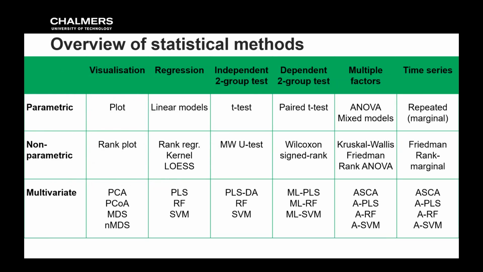This is not an exhaustive overview of statistical methods, but it is a mental roadmap for me, where I tend to look at the type of problems in the columns and the type of data that I'm facing in the rows.